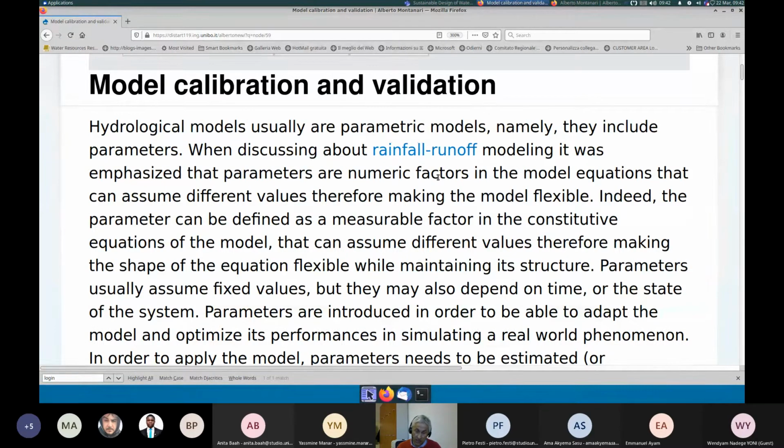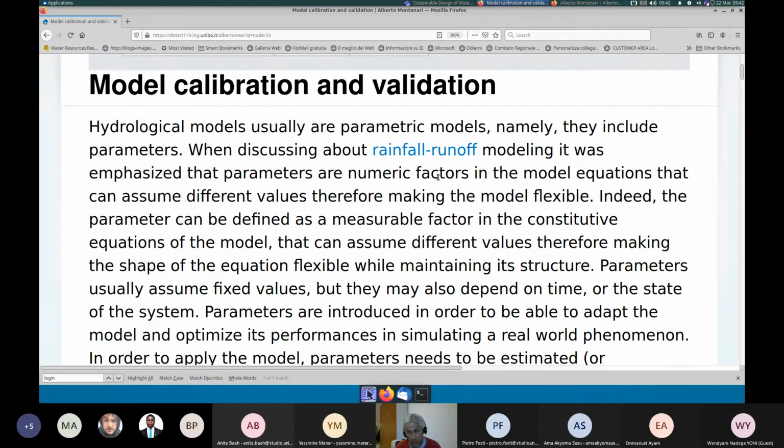until we were happy. And what was the condition to say I am happy with this parameter? The condition was a comparison between the model simulation and observations. And let me say that this is at the basis of what we discuss today.